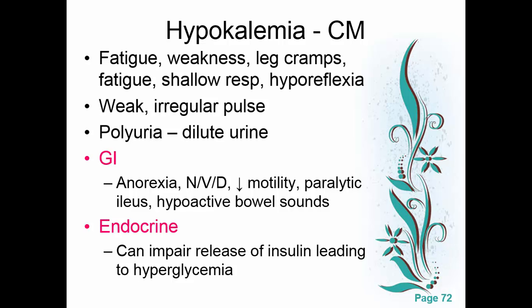GI manifestations are going to be anorexia, nausea, vomiting, diarrhea, decreased GI motility, paralytic ileus, hypoactive bowel sounds. Endocrine, it can impair the release of insulin that leads to hyperglycemia. Also, with hypokalemia, they will have an enhanced digitalis effect, so you need to monitor them for signs of dig toxicity.